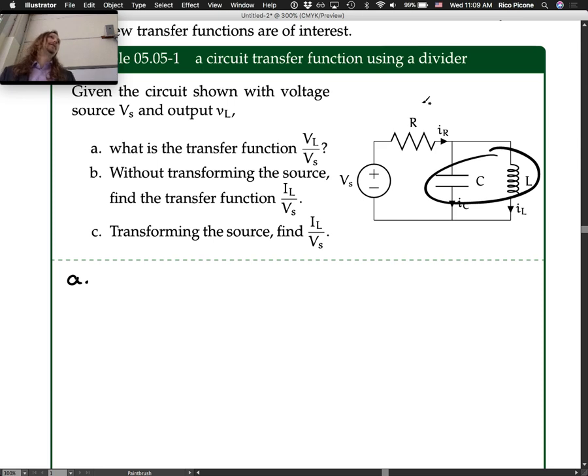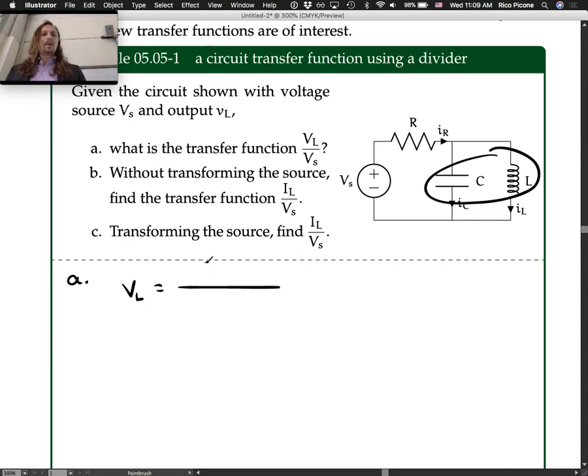So let's just one-liner it again. You guys love it. So VL, the voltage across inductor L, is equal to the impedance of the equivalent combination of these two, which are in parallel. So in terms of ZC and ZL, it's just a parallel impedance combination.